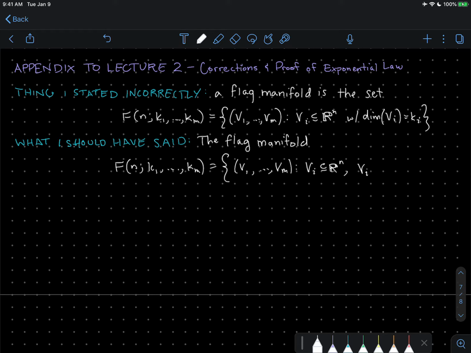Also, Vi is a subspace of Vi+1, and the dimension of Vi is Ki.